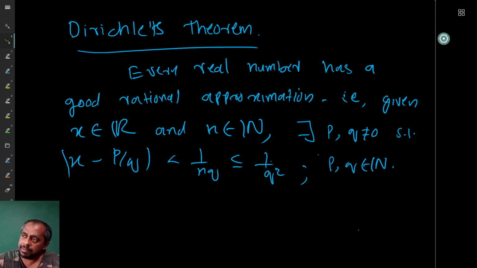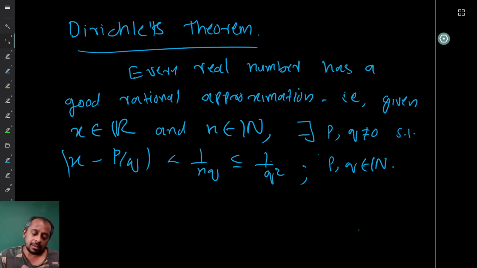Any very small number that you give me, like 0.0000000, 100 zeros and 1 or something, I can find a rational number which is close to this number. The difference between them will be less than the number that you give me. So no matter what epsilon you give me, I can always find a number even closer.